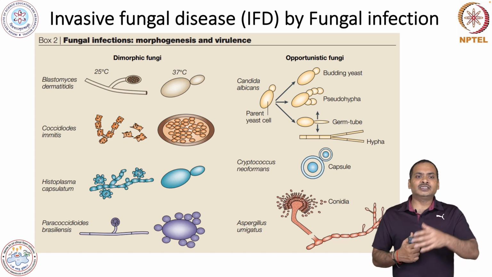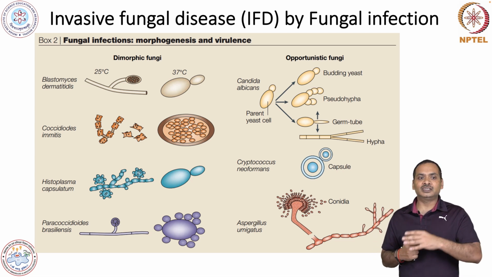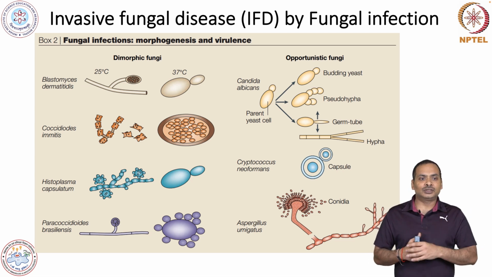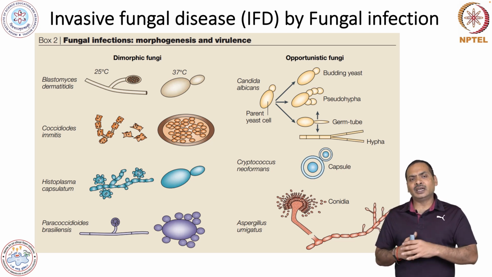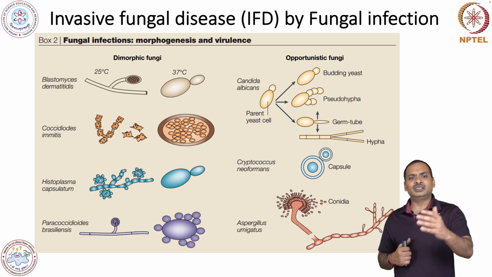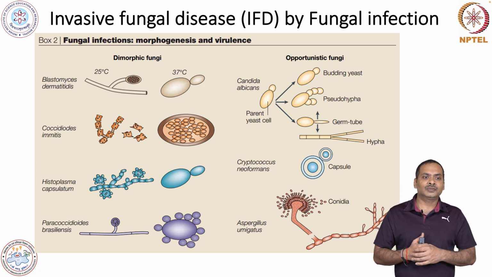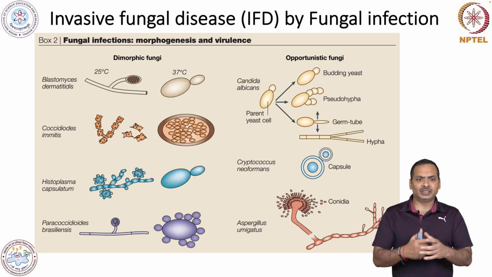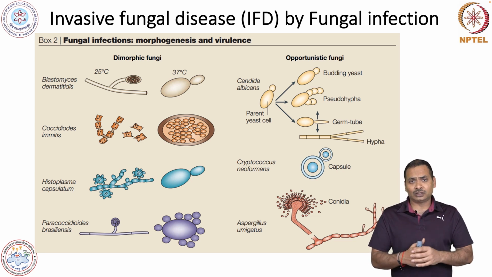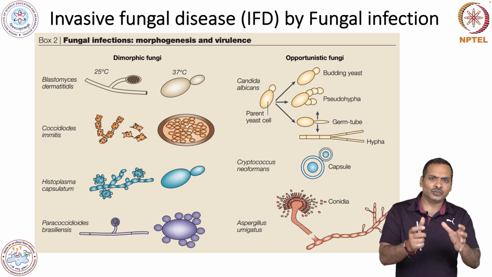Here you can see there are dimorphic fungi. Blastomyces dermatitidis has a hyphae structure, and it has a yeast kind of structure. Coccidioides immitis also has different stages, or there are two phenotypic forms.